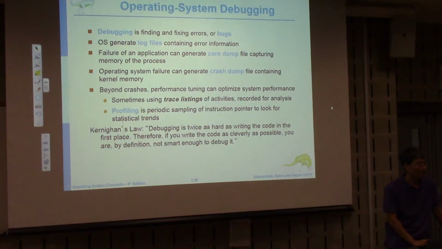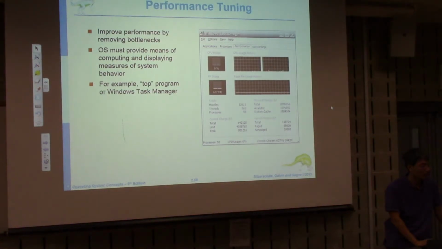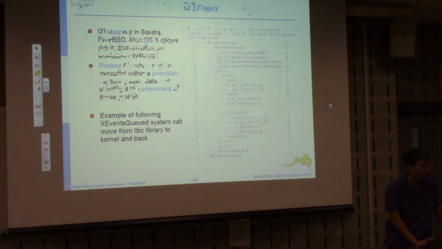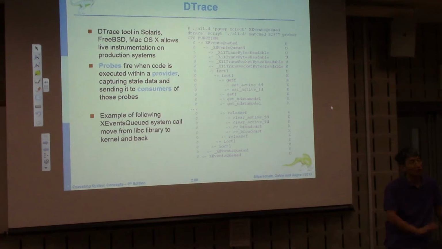Also, an operating system requires debugging when it is being developed. For example, dtrace. Using dtrace, you can debug the process tree.